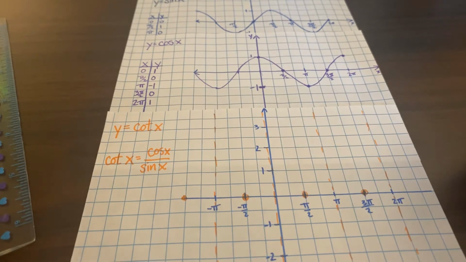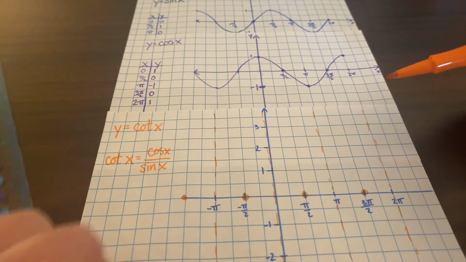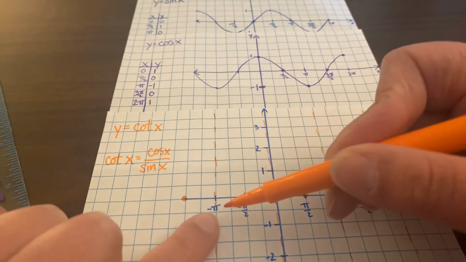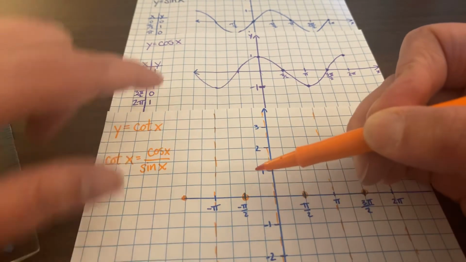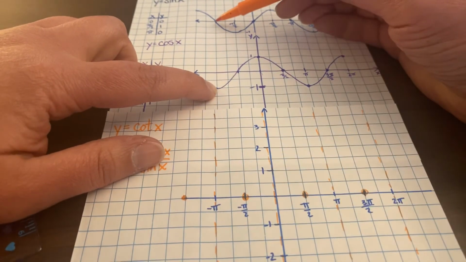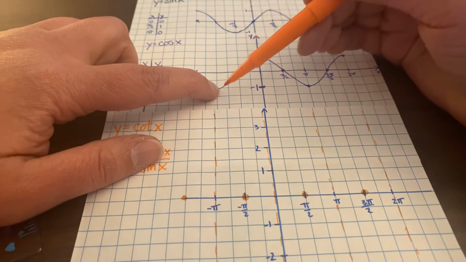Now, much like the tangent function, we need to consider what's going on in between the asymptotes. So what's happening between negative pi and negative pi over 2? We'll start there. We've got negative numbers in both instances.